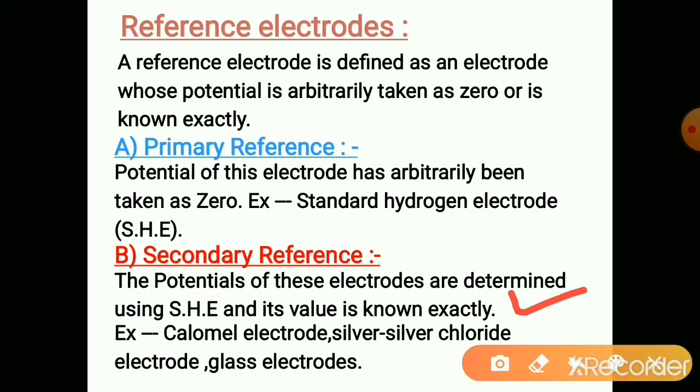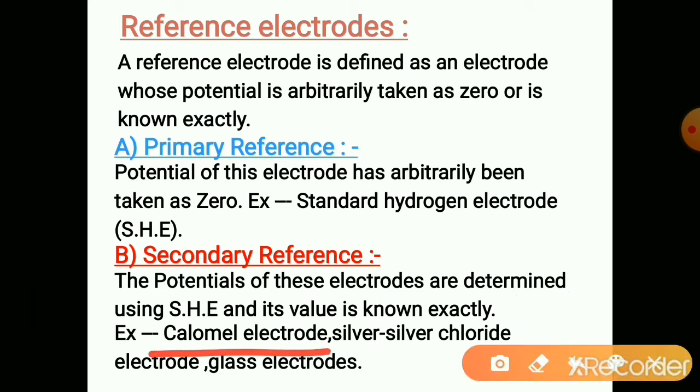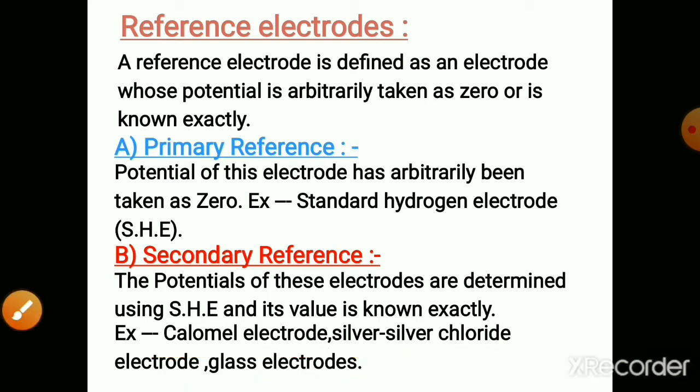Examples of secondary references are the calomel electrode, silver chloride electrode, and glass electrode.